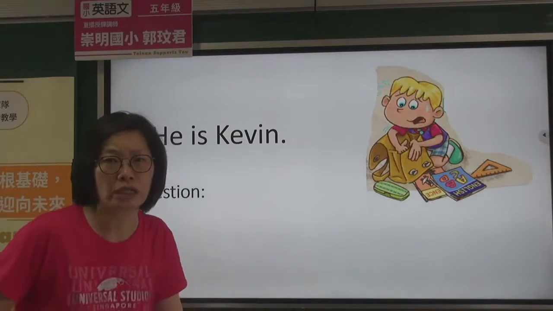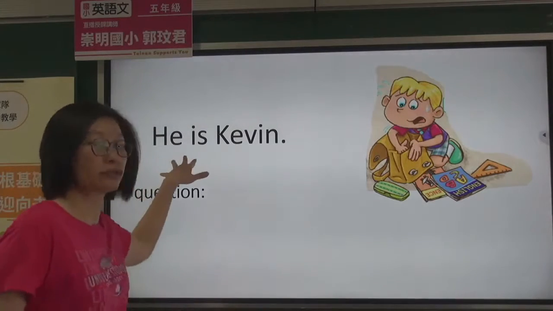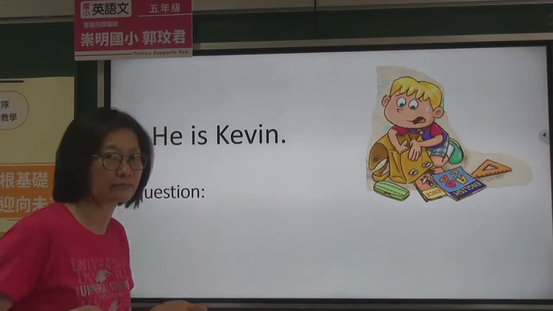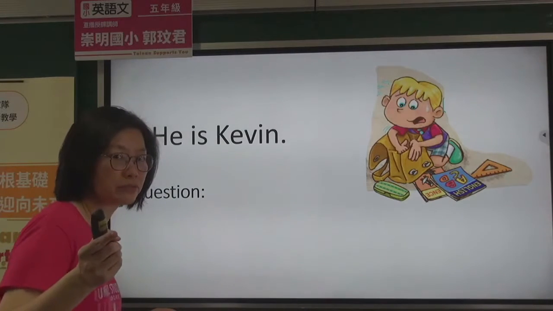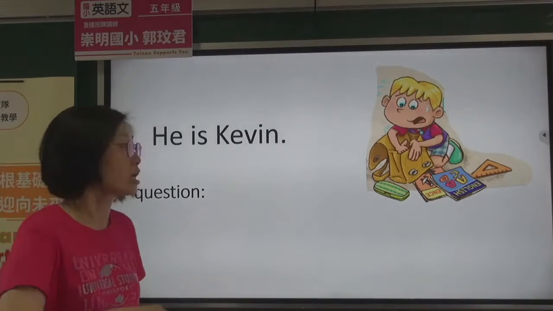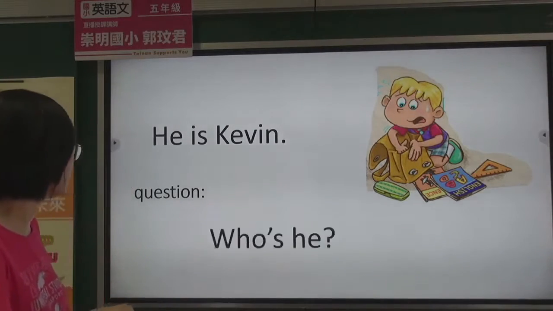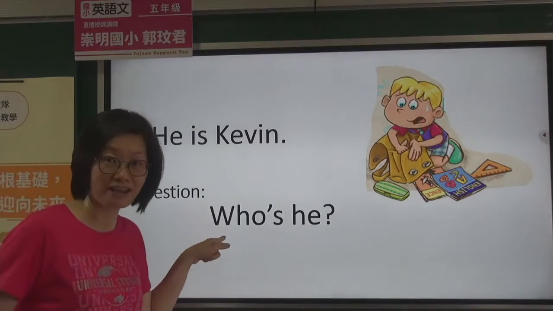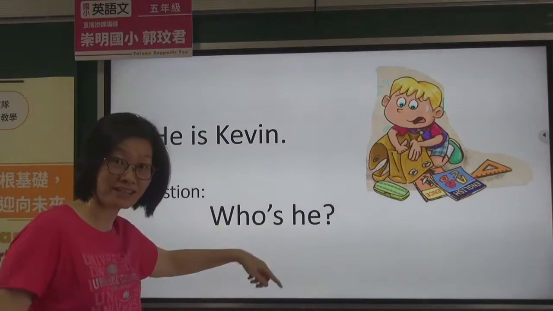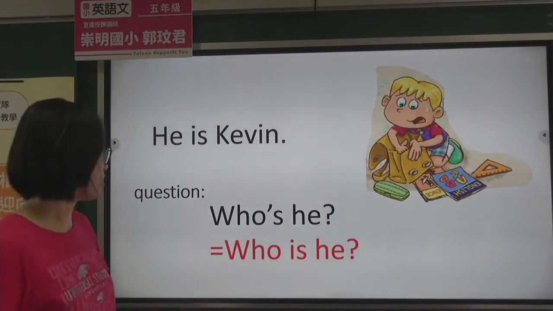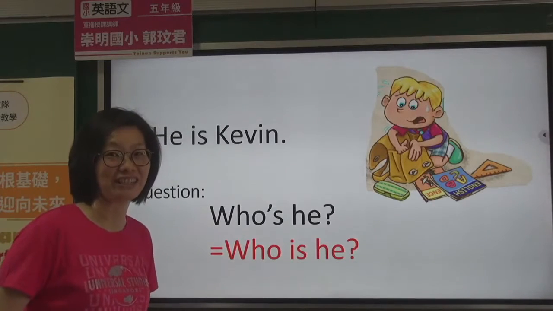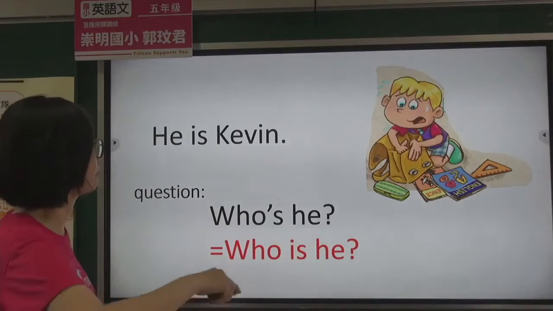What question will you ask so that you answer like this: He is Kevin. Did you answer my question? So what is the question? Let's take a look. Who's he? Take a look, this whose, am I right? So who is he? Very good.